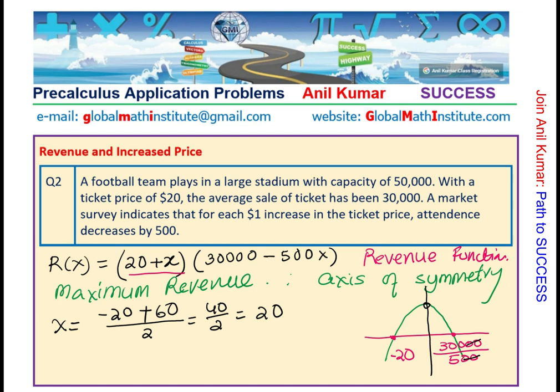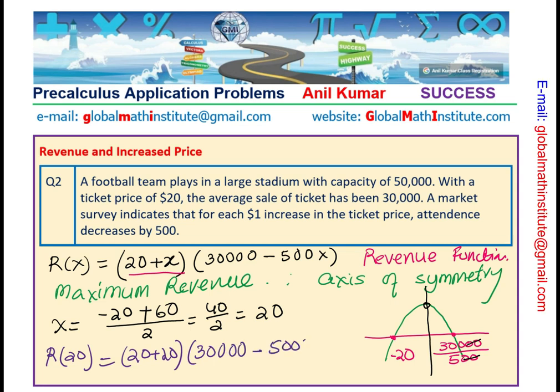So when you do that, then you get the maximum revenue, and you can calculate the value for 20, and you get what? You get 20 plus 20 times 30,000 minus 500 times 20. You get the idea.